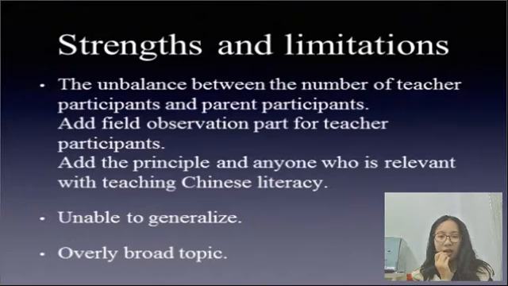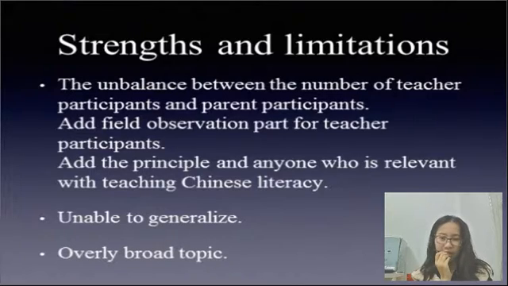Also, I find the study is really not easy to generalize because I conduct the study in a Montessori kindergarten. And the Montessori curriculum highly values the role of the environment, including the classroom environment. So the whole study will be influenced by this philosophy.